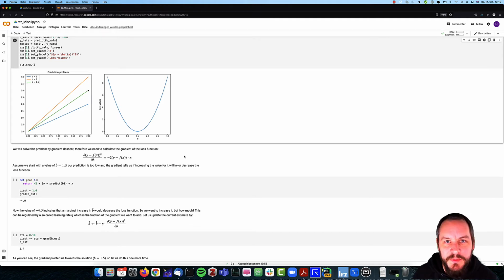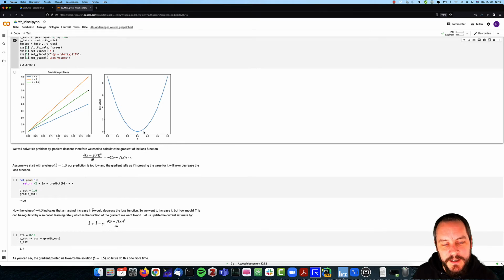And as I explained a few minutes ago, if we are at the value of 2, then the value of the gradient is minus 2 times 1 times 2, so should be minus 4, should be plus 4. And then plus 4 tells us, so if you further, just the 4 is not so important.